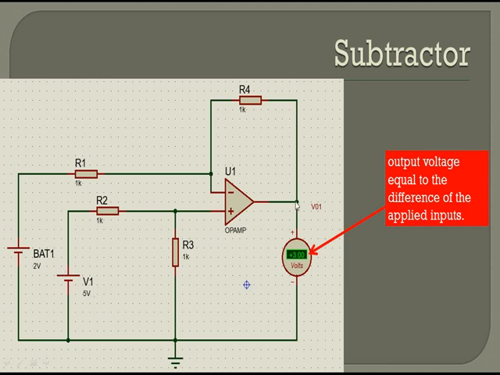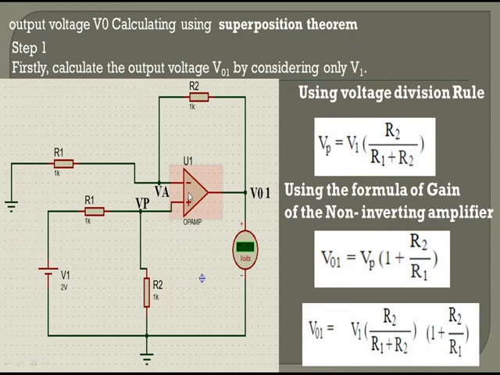Here the feedback signal is applied to the inverting input through resistor RF. Input voltage is applied to both the inputs of the operational amplifier. Now we are going to find the output equation.